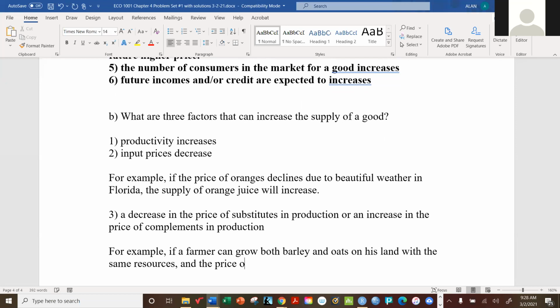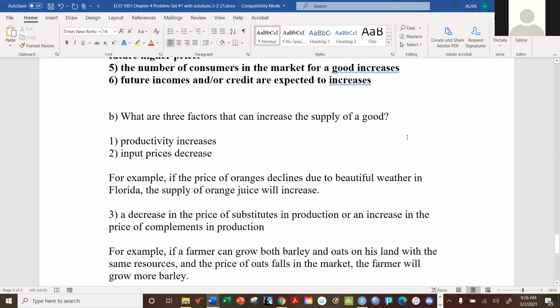And the price of oats falls in the market. The farmer will grow more barley. It's just that simple. They're considered substitutes in production because we could grow either one of them with the same resources. But if the market price of oats starts to drop, we may as well just grow more barley.